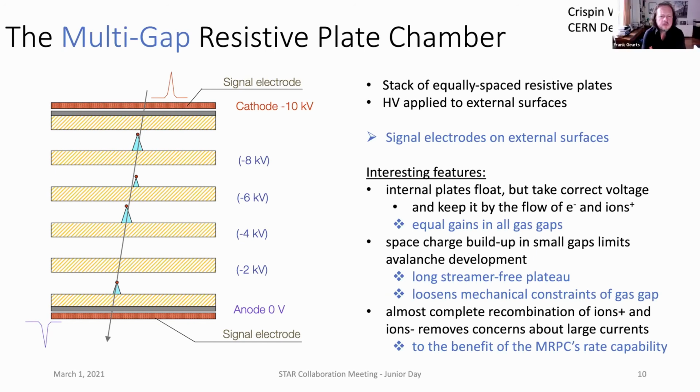I'm sorry, could you repeat that? When a track goes through a condition like the left plot, it will produce two signals for the upper and the lower. No, it produces one signal. You look at the signal that you get on your anode. You look at what the charge is.